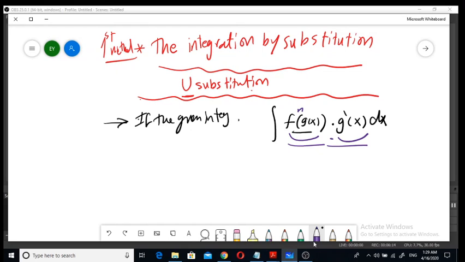But in this case, we have a composite function and the inside function multiplied by the derivative of the inside function.